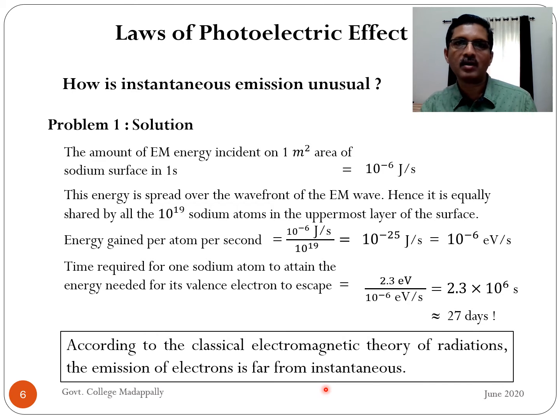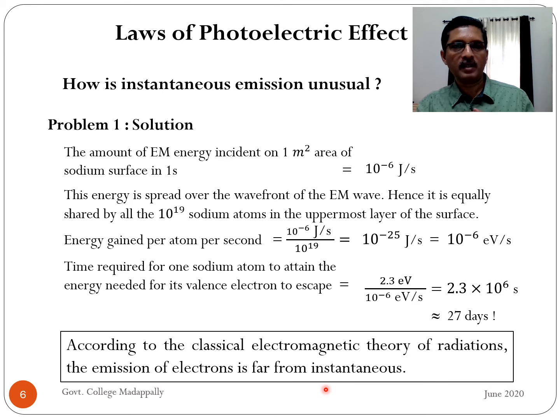According to our water waves displacing pebbles on the seashore model, if electromagnetic waves are coming and spreading over the sodium surface, then with this particular sample of sodium layer and this particular source with 10 raised to minus 6 watt per meter square power, it may take nearly 27 days for energy to be distributed so that one electron can get this much energy, 2.3 electron volt, to escape.